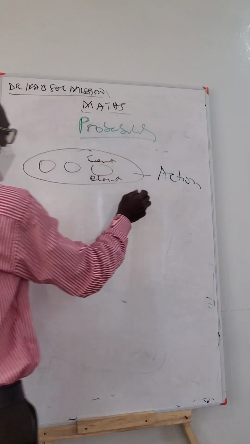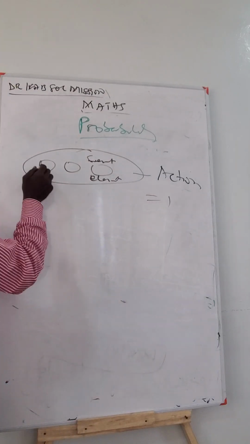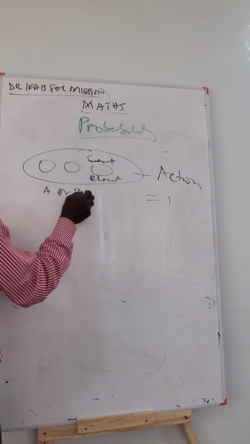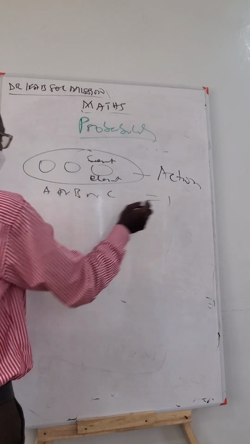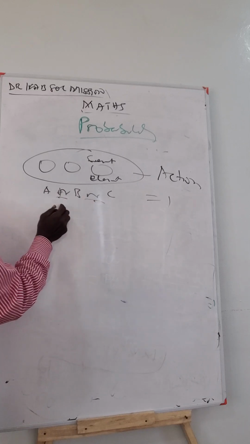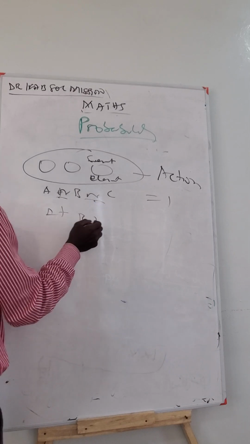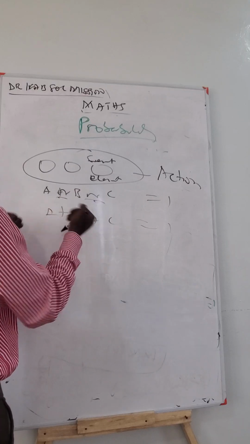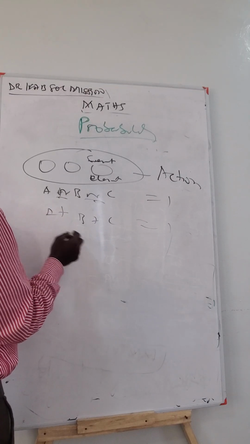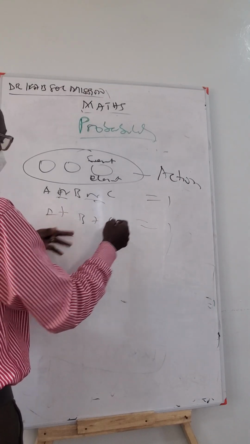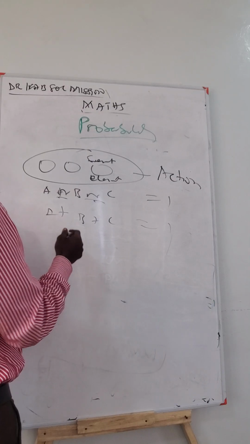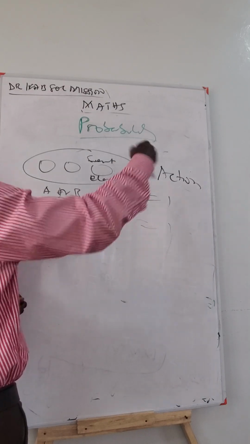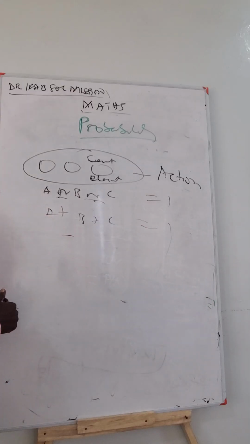Within one action, total probability must be 1. So the probability of this one, A or B or C, must equal 1. So all in probability sense is plus. So A plus B plus C should be equal to 1. If they have common intersection, then after adding, you subtract the intersection so that you don't end up doubling. So that's all.